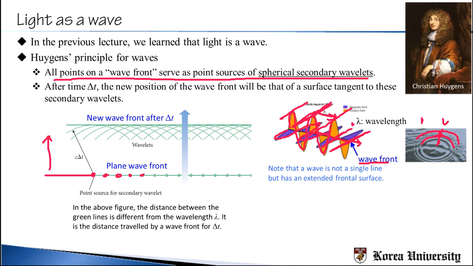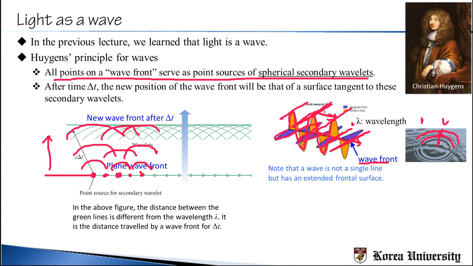Of course, in a two-dimensional figure here I have to draw it just like a circle, but in 3 dimensions it will be spherical. So for example this point will create a spherical or circular wavelet like this, and this is advancing. At the same time another point here will also create a spherical wavelet like that, and this point will create these spherical wavelets independently, and all of them do the same thing.